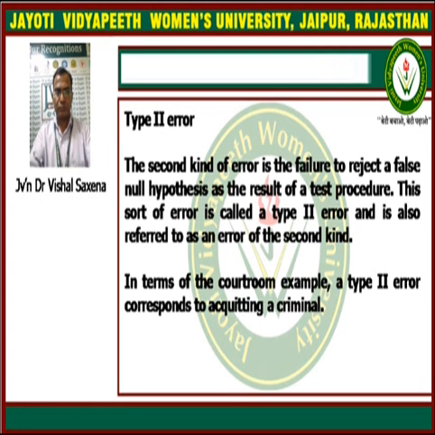If there is a null hypothesis which is false but it is accepted, then the error generated is known as the type 2 error. In terms of the courtroom example, a type 2 error corresponds to acquitting a criminal, where the false hypothesis has been accepted.